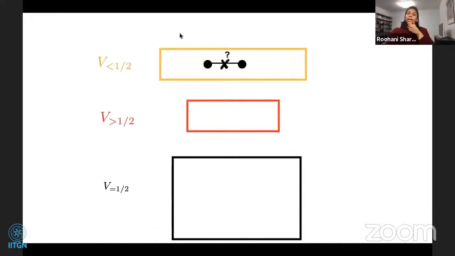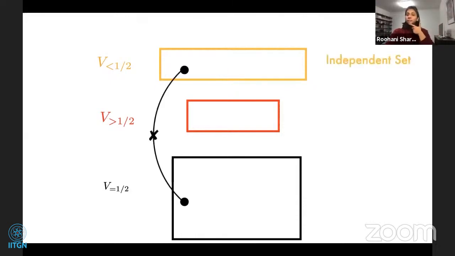Now note that if you look at any 2 vertices of this yellow set, which is the V strictly less than half set, no 2 vertices can share an edge, because both these vertices got LP values less than half. If they shared an edge, then the edge constraint corresponding to this edge would not have been satisfied, because the values don't add up to at least 1. So they don't have edges, which means the yellow set is an independent set.